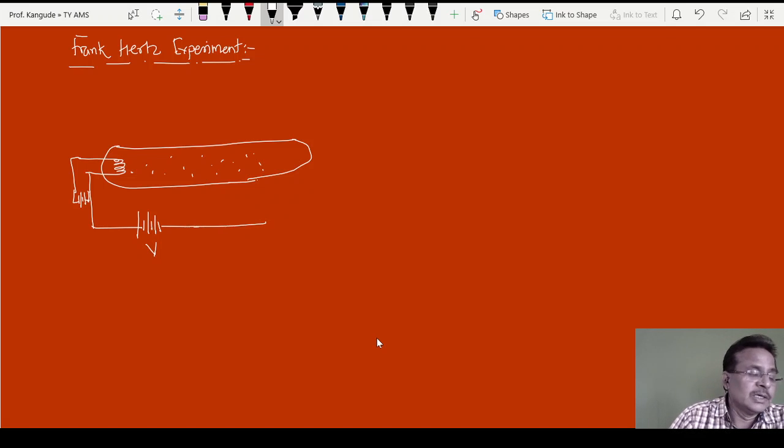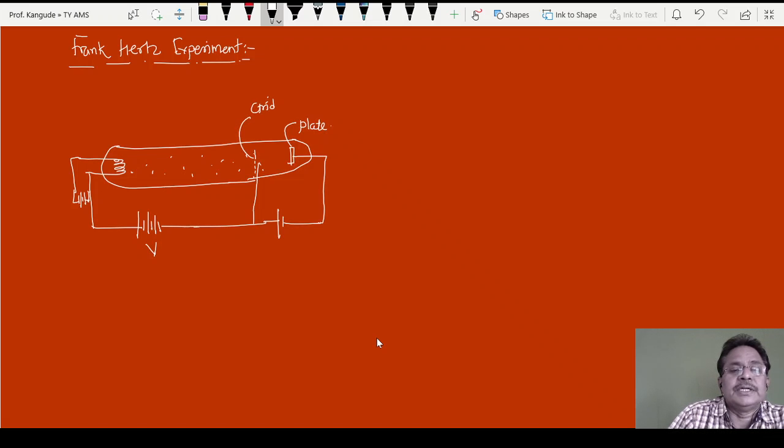In between, this is connected to one such plate. This is called a plate, and it is connected to the positive of this battery. This is positive and this is a small negative, and in between there is one called the grid. This is a vacuum tube with some low density material kept in it.